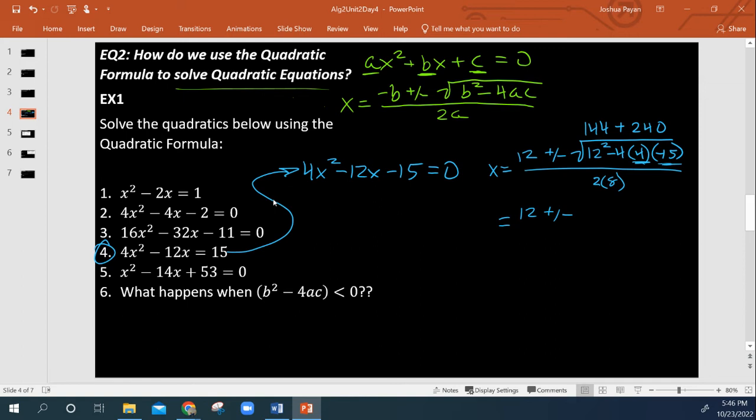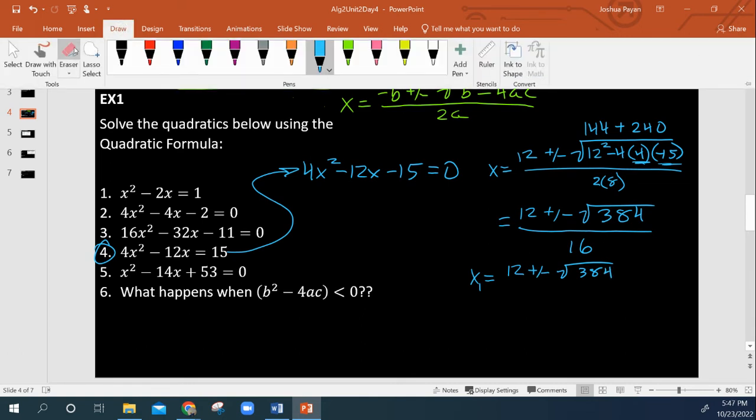And we combine those two into 384, so square root of 384, all of that over 2 times 8, which is 16. And I'm not even going to bother having you try to factor out the square root of 384. The heck with that. So from that, we're going to get 12 plus or minus the square root of 384.